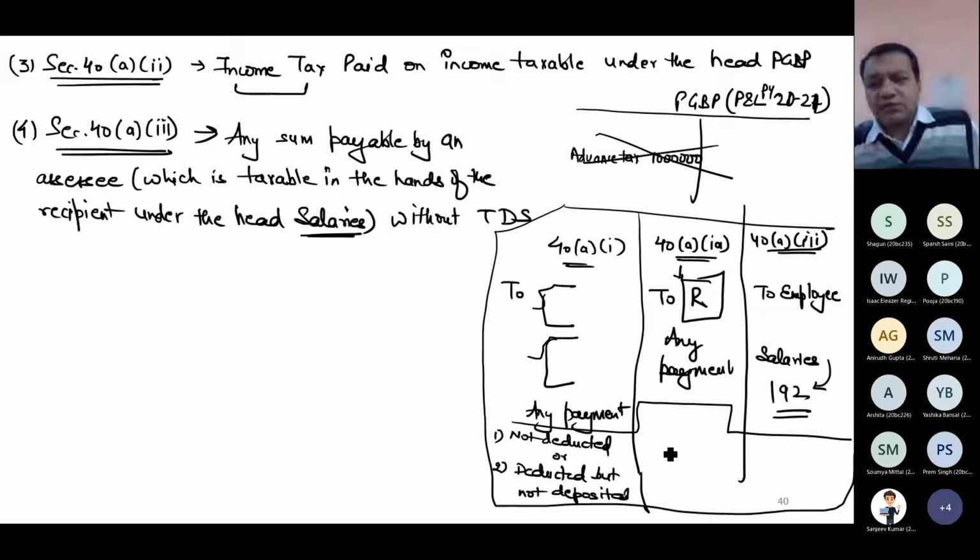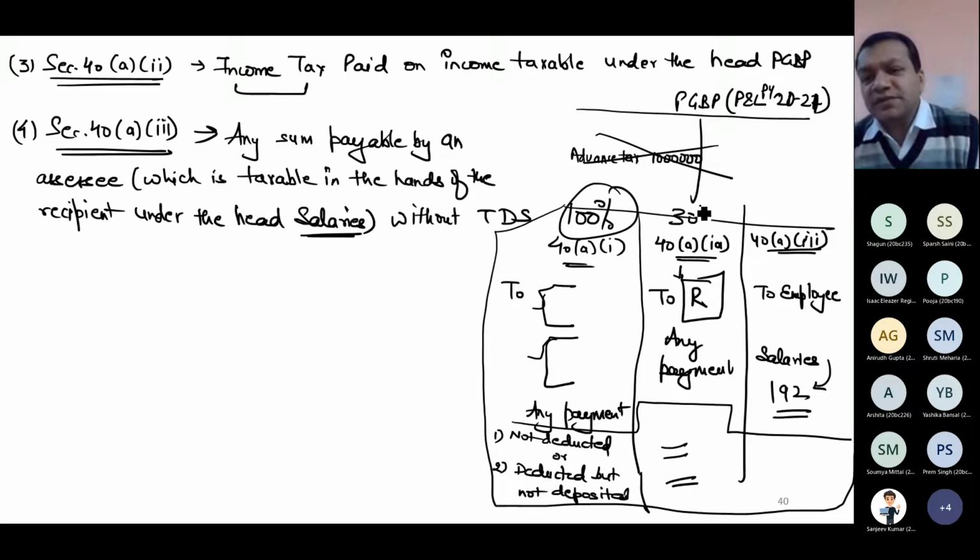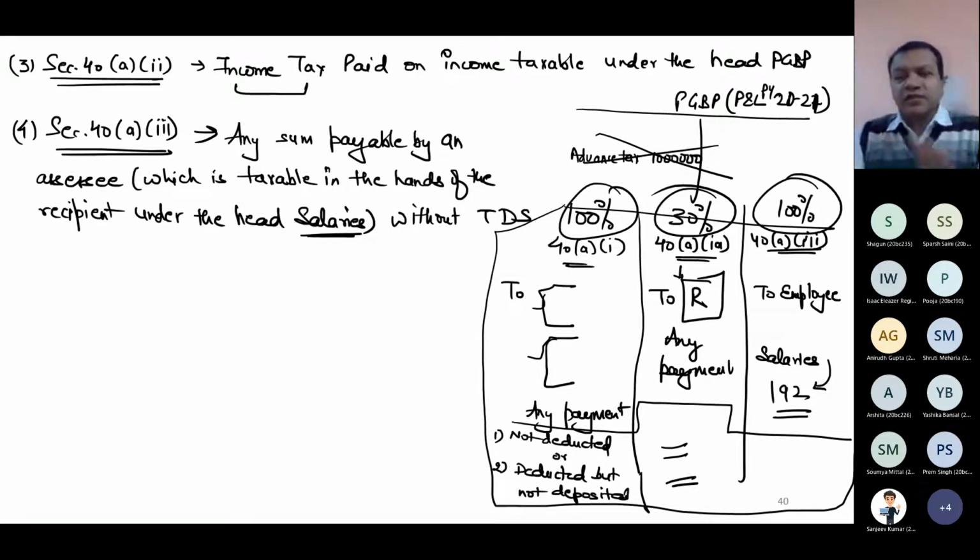In 40A1 also the same conditions were there. Either you have not deducted the tax or you deducted the tax on time but you failed in depositing. The consequence was here 100% was disallowed. Here only 30% was disallowed. Here also 100% will be disallowed. There is no 30 or 70 etc.